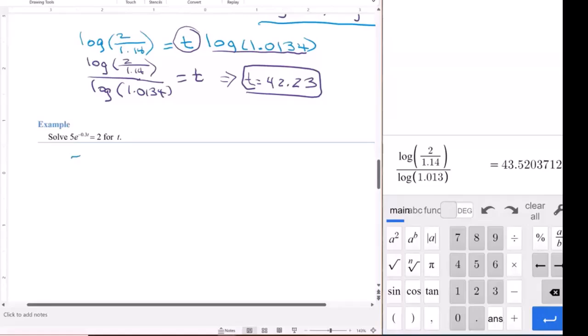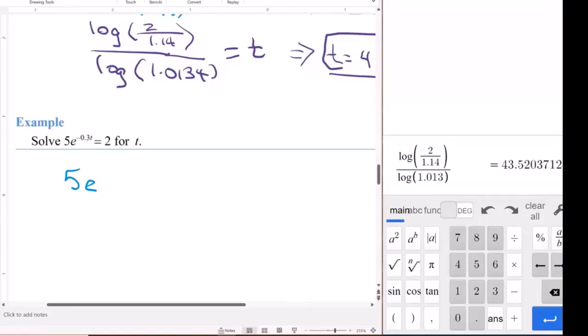I'm starting with 5e to the minus 0.3t equals 2. Remember the steps. First thing I want to do is get my exponential function by itself.